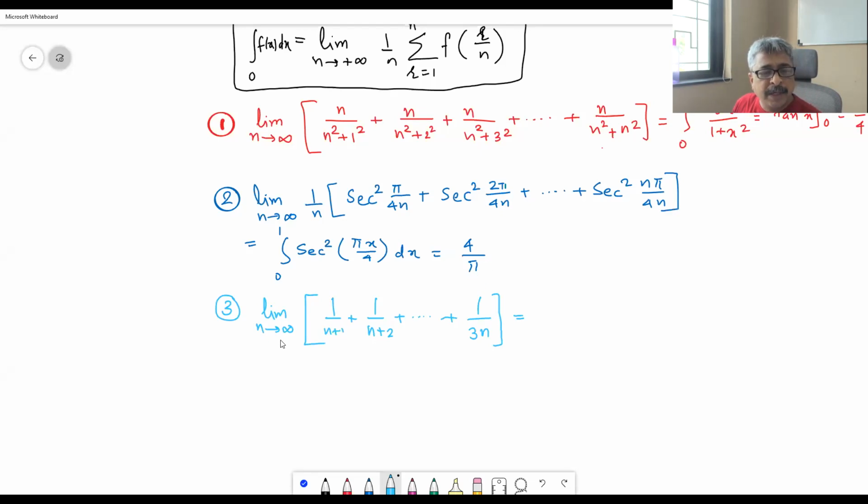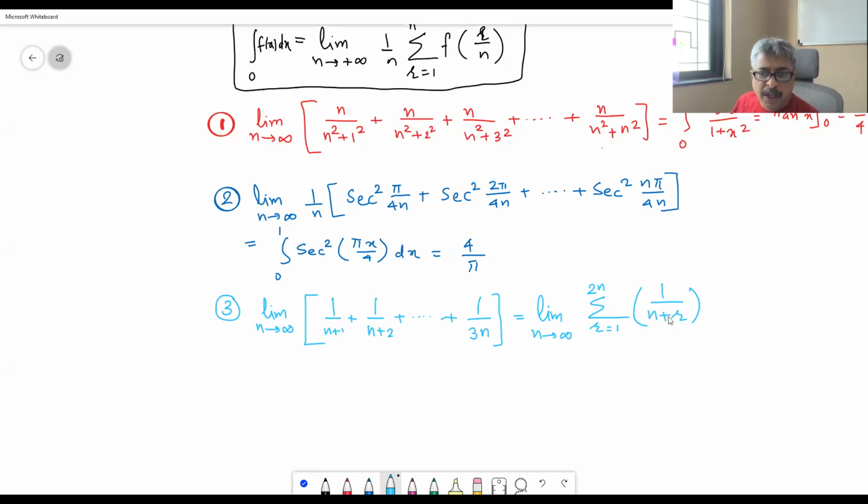New question, limit n tends to infinity 1 upon n plus 1 plus 1 upon n plus 2 dot dot dot plus 1 upon 3n is equal to. Now this is equal to, I can write it as sigma notation, limit n tends to infinity sigma r goes from 1 to 2n 1 upon n plus r, right?